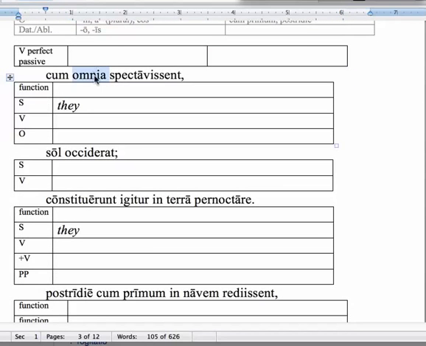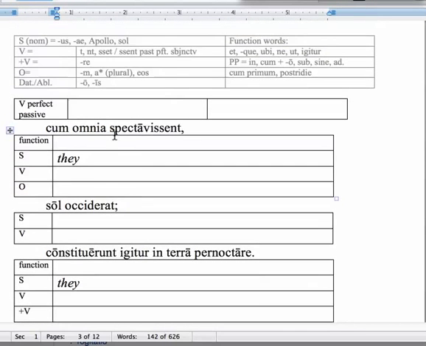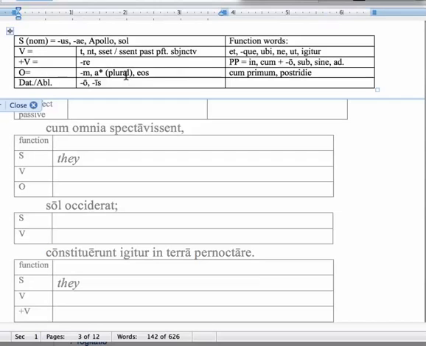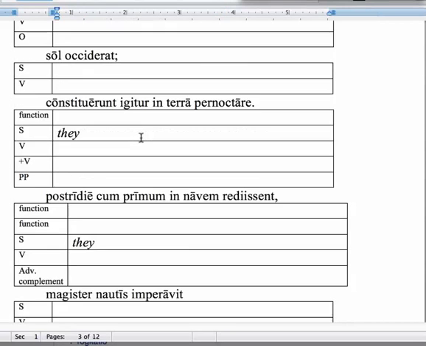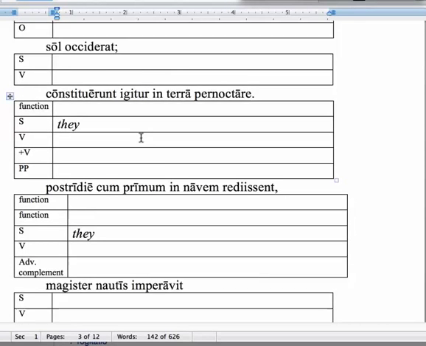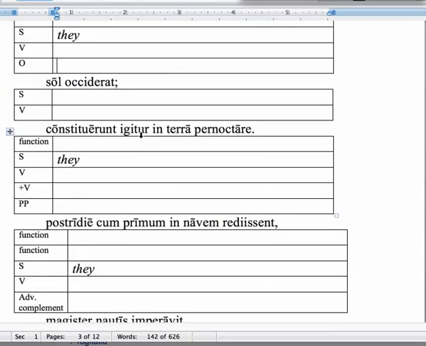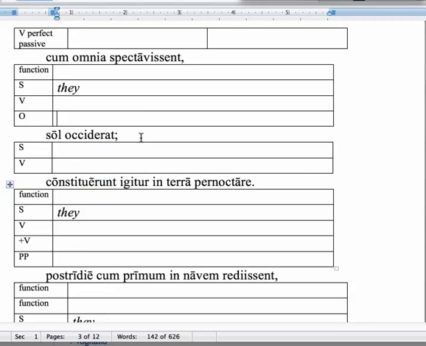And what he had looked at is omnia, everything, which again you can see here as a form of a direct object when it's plural. Omnia, everything. Sol occiderat. Sol just means sun, and it's nominative, so it's the subject. Occiderat is the verb.